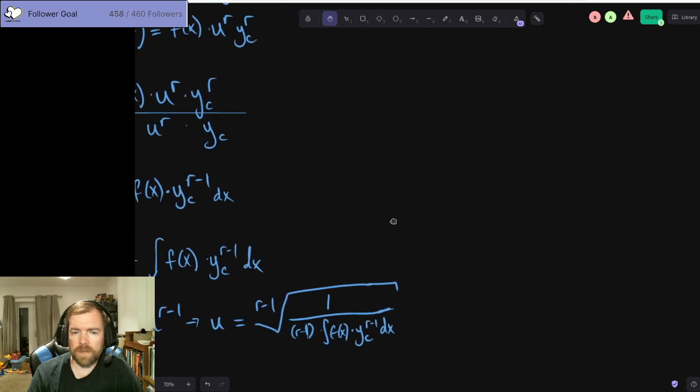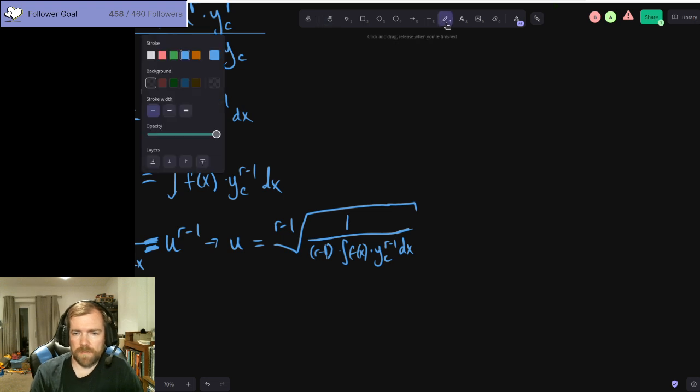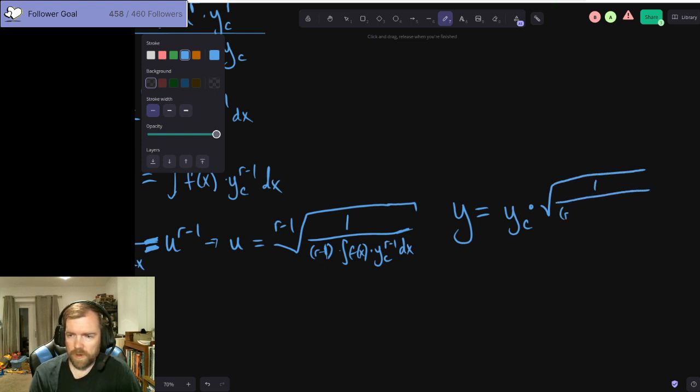But that does mean that, right, y as a general answer is going to be y complementary multiplied by u, the thing we just found here, 1 over r minus 1 times the integral of f of x, y sub c to the r minus 1 dx.